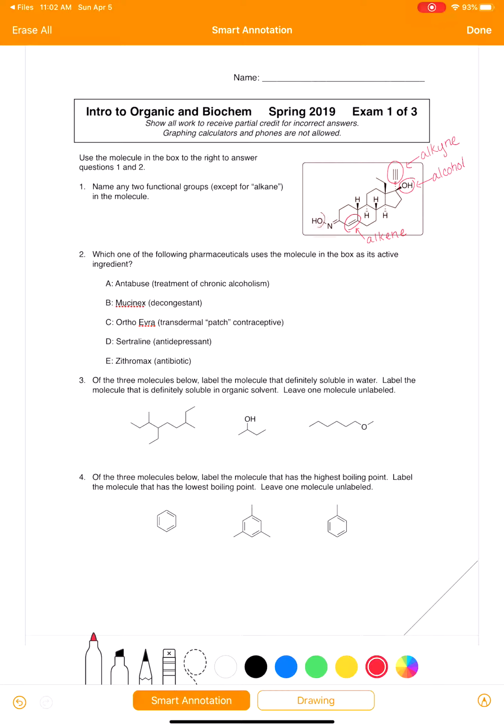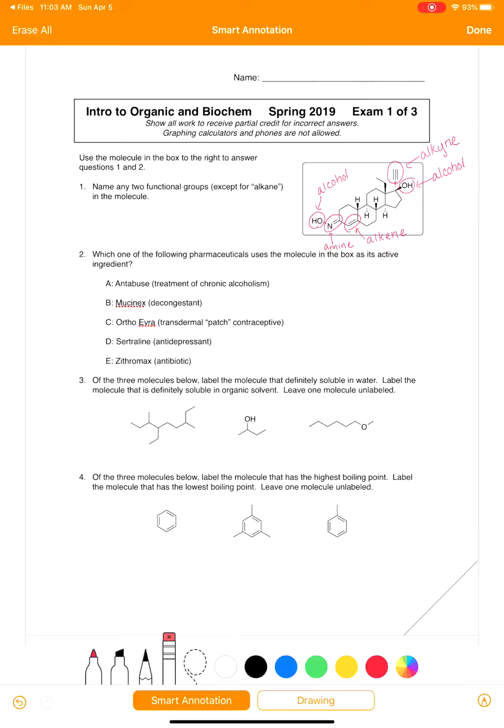Here's another alcohol. This nitrogen is tricky. It is an amine. It is not an amide. An amide is a nitrogen that is attached to a carbon-oxygen double bond. And so that's just a really funny way of looking at an amine.